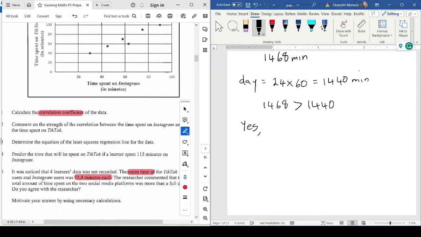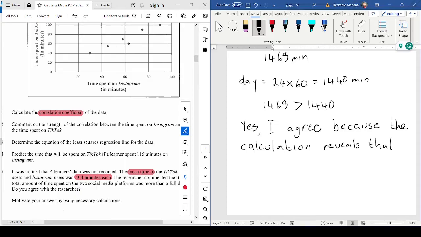So yes, I agree, because the calculation reveals that it was more than a full day, because a full day has 1440 minutes.